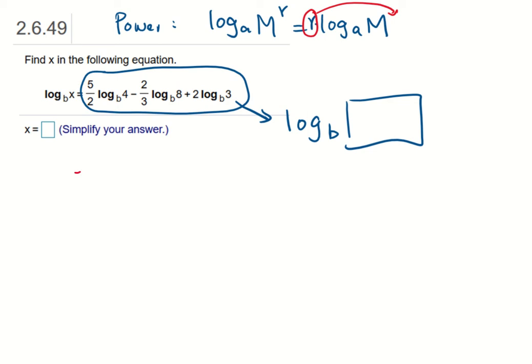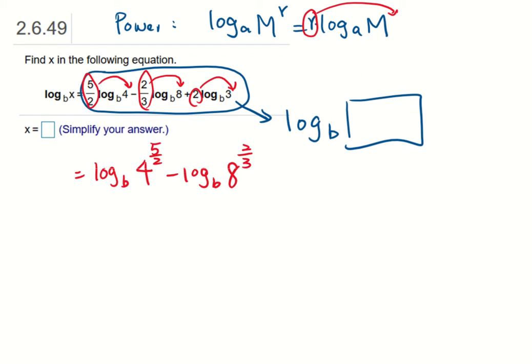Alright, so first step, 5/2 will go as the exponent of 4, 2/3 will be the exponent of 8, and 2 will be the exponent of 3 here. So I will have log with base b of 4 to the power of 5/2 minus log with base b of 8 to the power of 2/3 and plus log with base b of 3 squared.